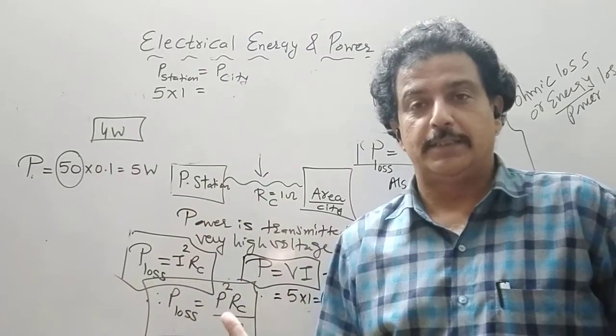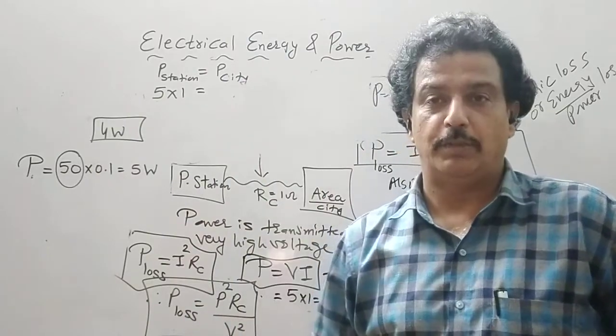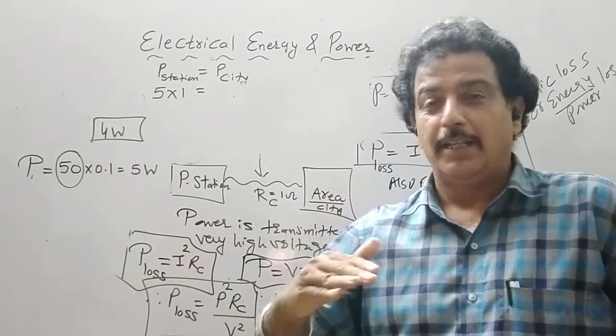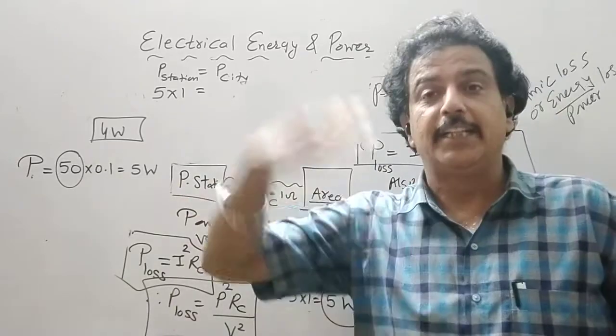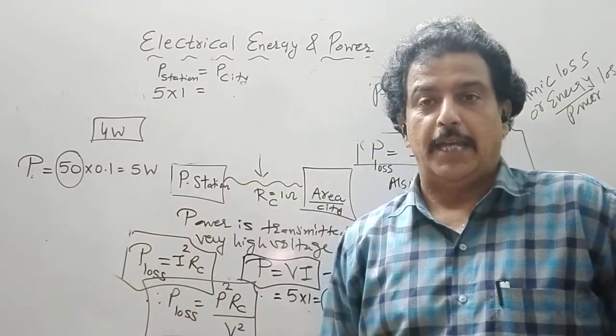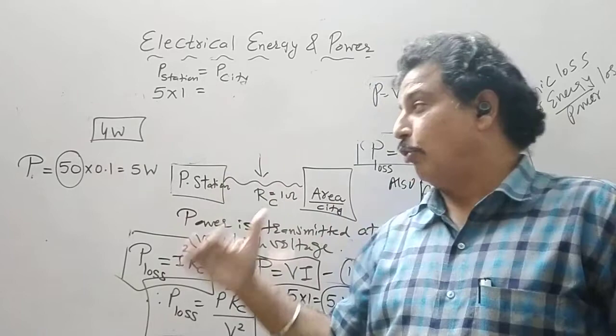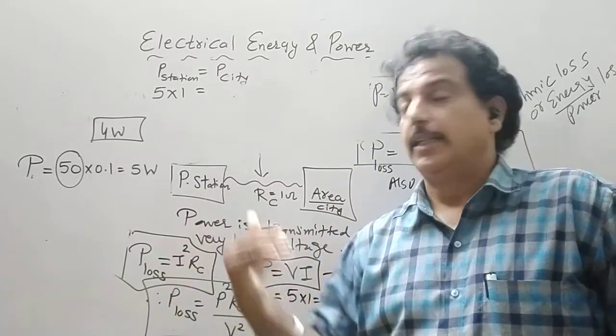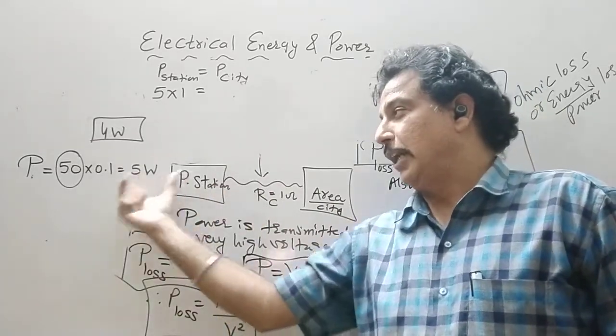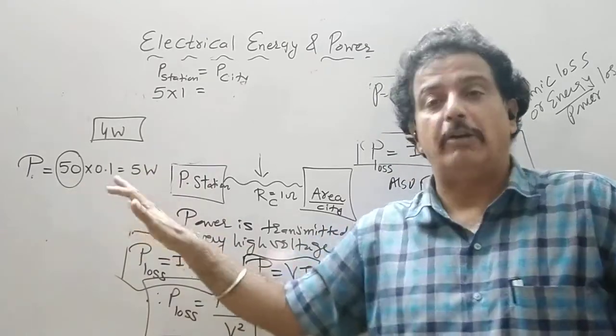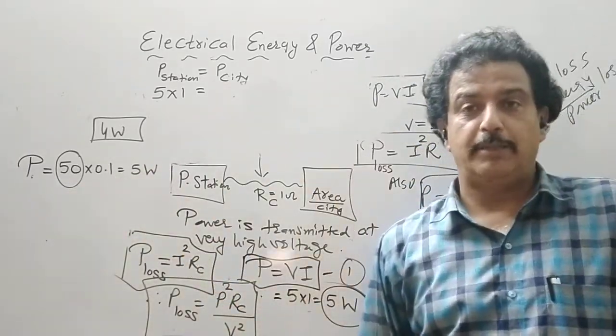Now who will do this? There we need a transformer. So the transformer at the power station will increase the voltage. And if the voltage is increased, the current should decrease, because we have to transfer a constant power from one place to another place.